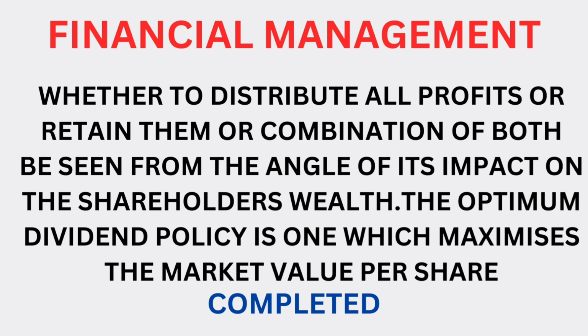What is the ultimate objective? The ultimate objective is to maximize the shareholders' wealth. So whatever decision a manager takes, he should keep in mind that the ultimate objective of maximizing shareholders' wealth will be achieved.